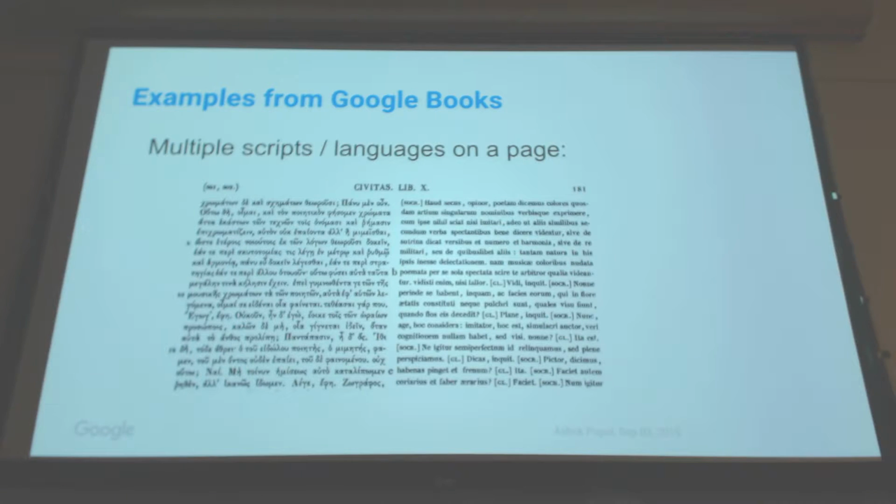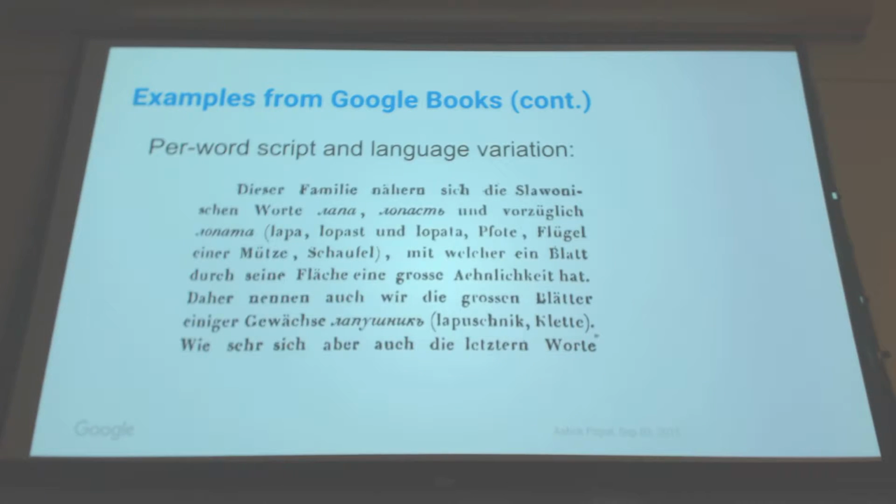But in reality, you often want to be able to say, I don't care what language it's in, just go recognize it and give me Unicode. Like, why are you asking me? The OCR should be able to figure that out. So we wanted to get to that state where it could easily handle two columns in different languages. And then even within a paragraph, you can have script and language variation.